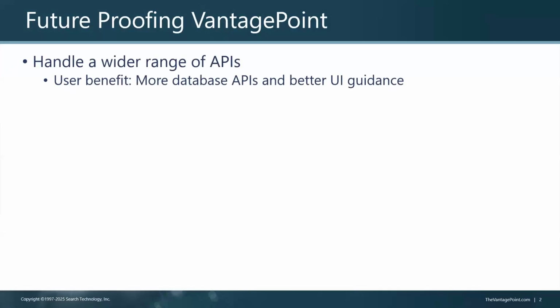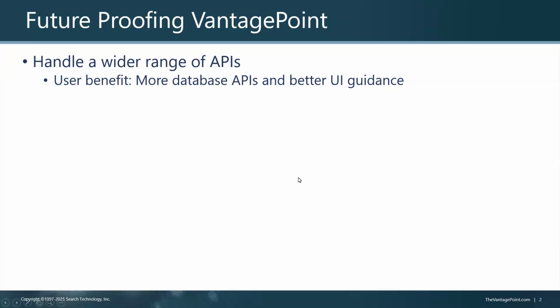Things like being able to handle a wider range of APIs. The benefit to you is that the list of API enhancements or fusions with other databases has been growing over time, and I'll get into the list of what we have currently in this new release.